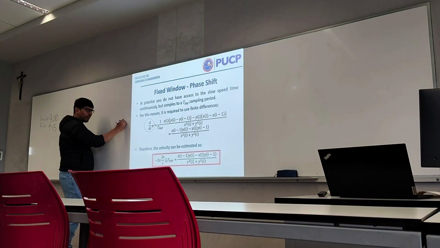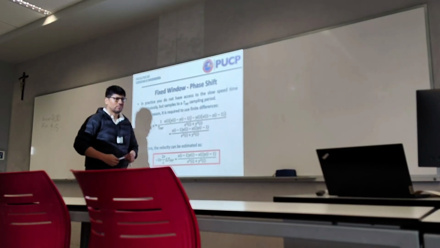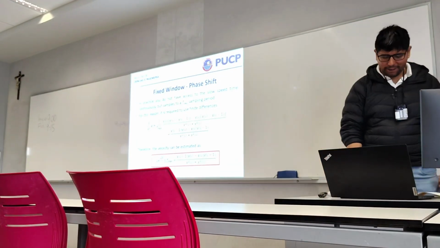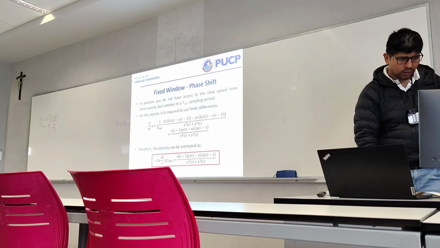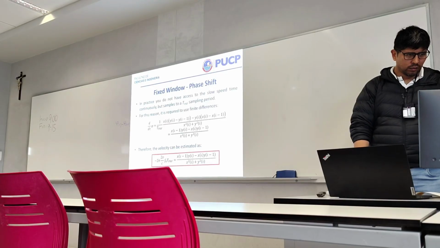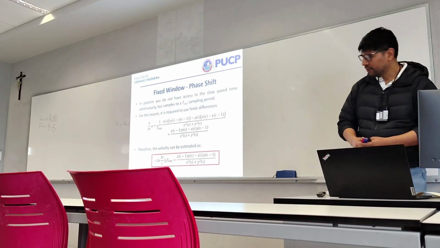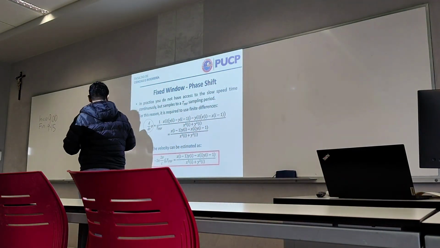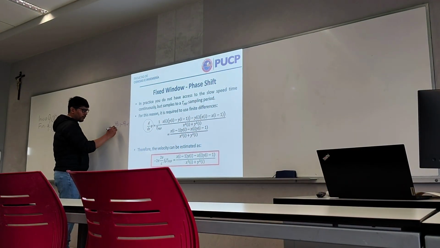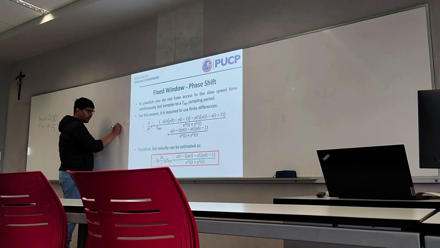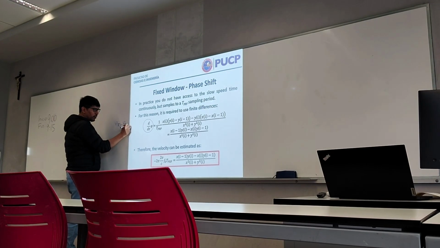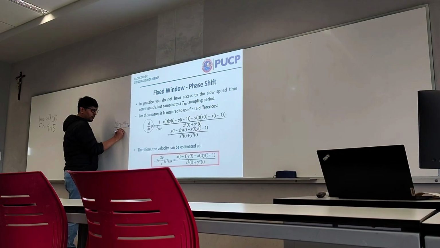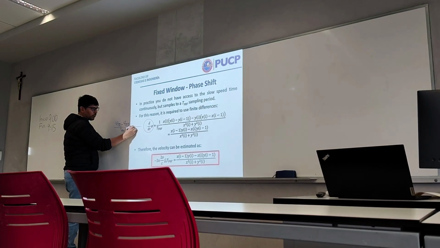Written like the phase at one instant minus the phase at the previous instant. You see? Would be like the phase at instant tau and instant tau minus TPRF, divided by TPRF. I think this is the correct form to write this.